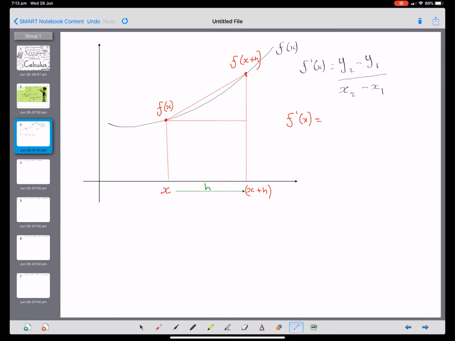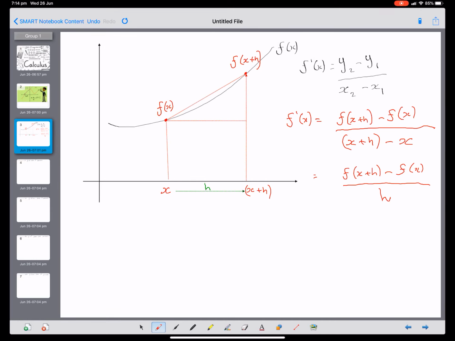Okay, so using my old formula, I'm going to get f of x plus h minus f of x all over x plus h minus x. Okay, so let's do some algebra there. I'm going to get f of x plus h minus f of x all over h.